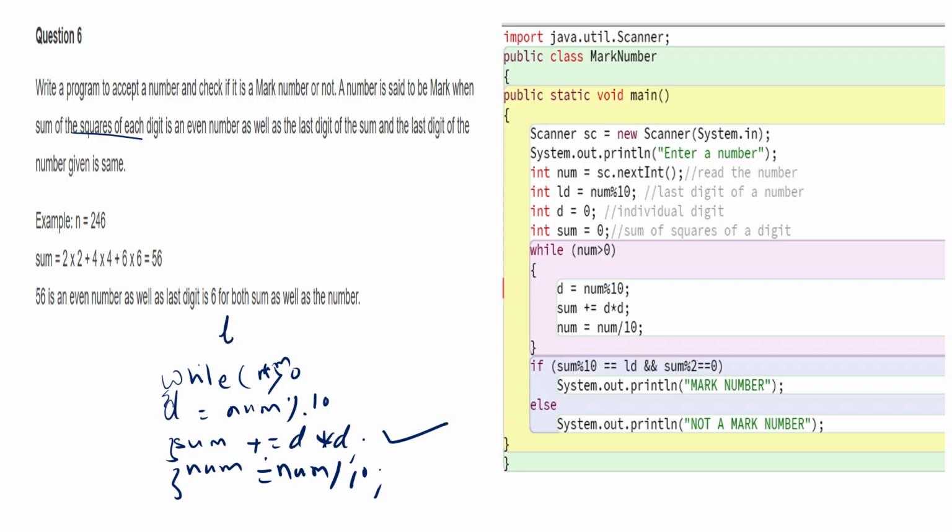The original number's last digit we are storing before we enter here, because num keeps on changing. So just try to get the last digit of the original number and store it in another variable. For an even number, it is sum modulus 2 is equal to 0, and the last digit of the sum, sum modulus 10, is equal to the last digit of the original number.